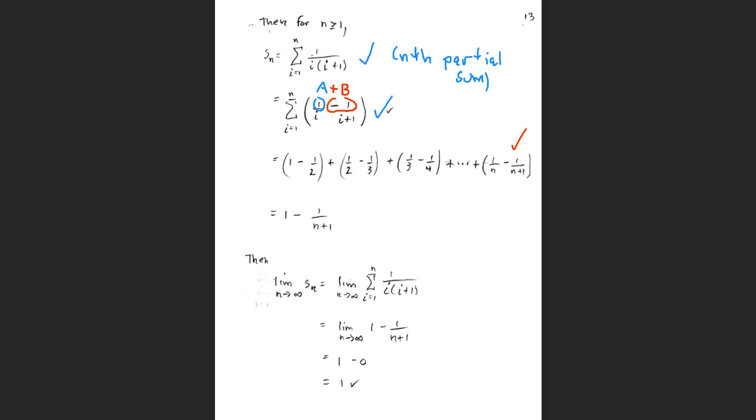So, here's our nth partial sum. And so the first term here is when I equals 1.